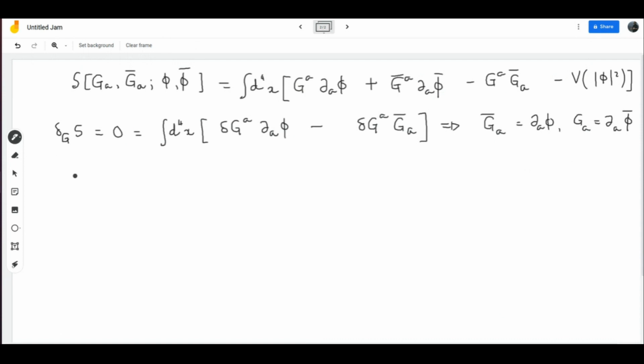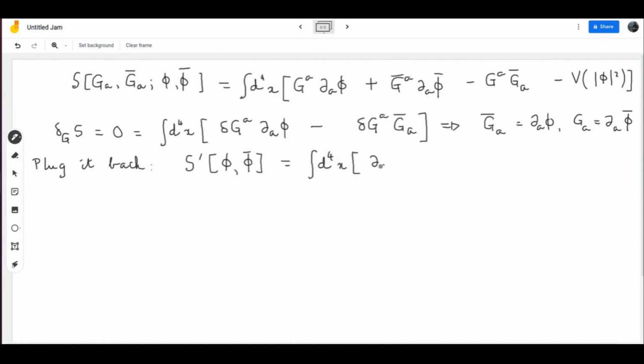So what we can do is plug it back, and we get an action which I shall call S prime. This action can only be a function of phi and phi bar because we are plugging in for g and g bar. Let's see what that is.